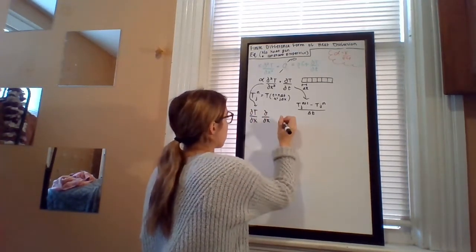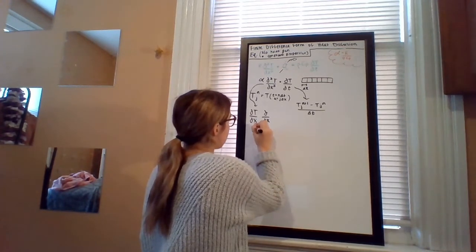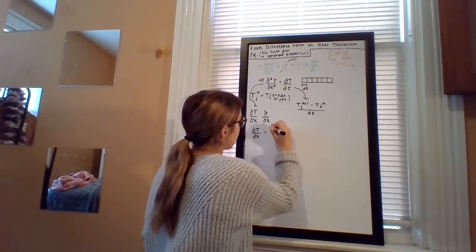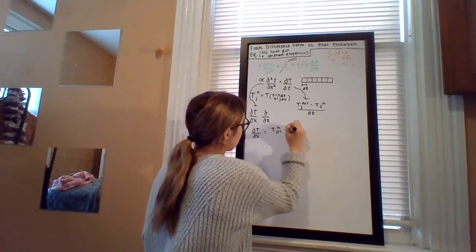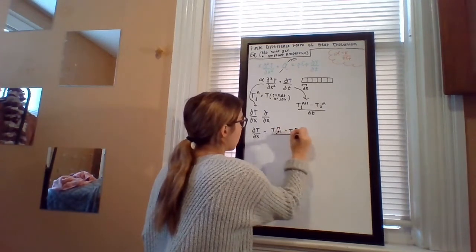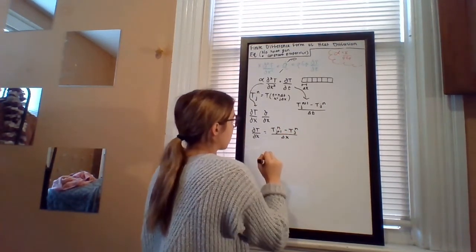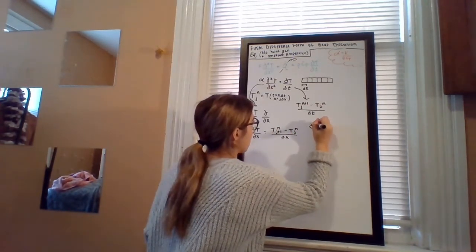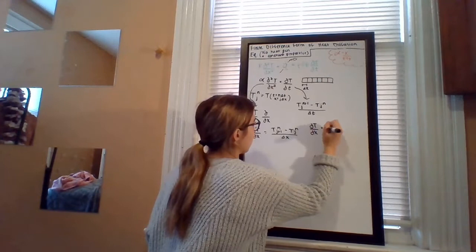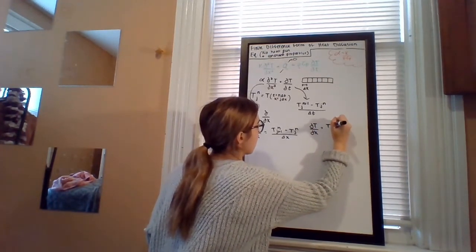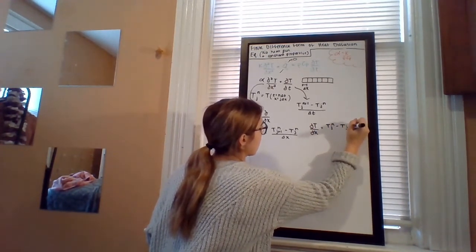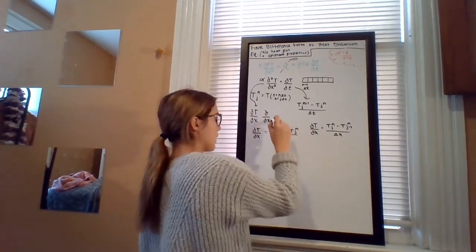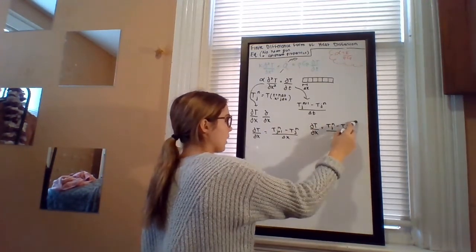So the first one will equal T_(j+1)^n minus T_j^n over delta x. And then the second one would be T_j^n minus T_(j-1)^n over delta x.